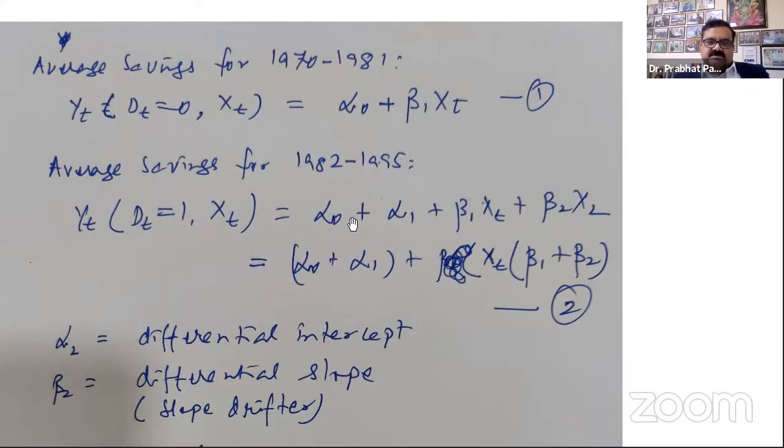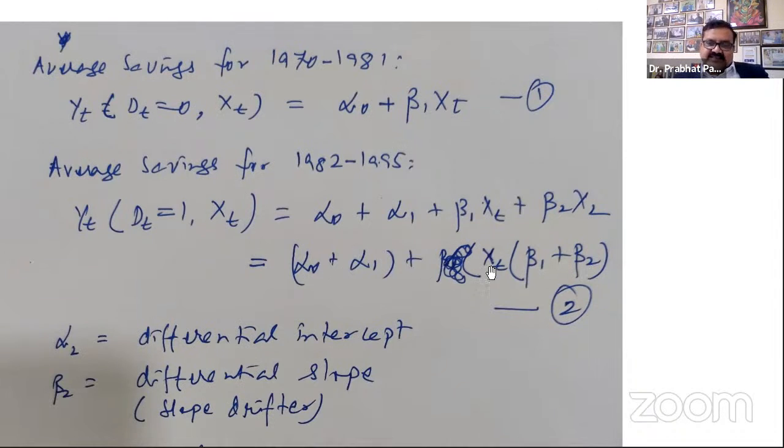So you use this kind of assumption, and then you are left with alpha 0 plus alpha 1, beta 1 XT, beta 2 X2 XT, right? So you have alpha 0 plus alpha 1, and then beta plus beta 2 XT.